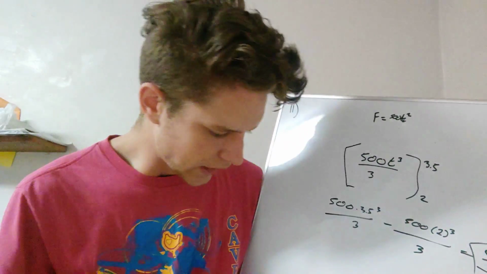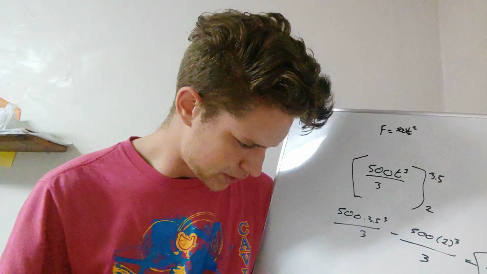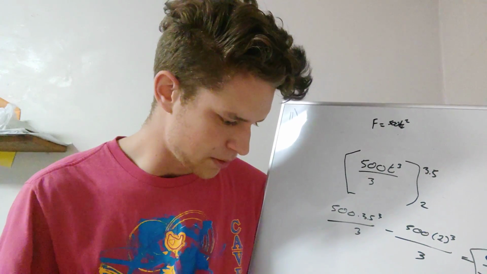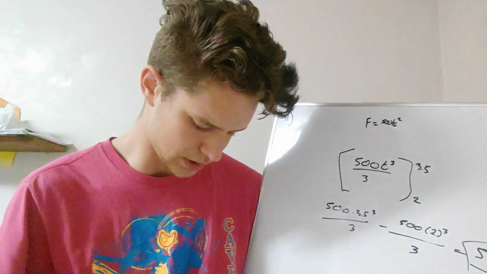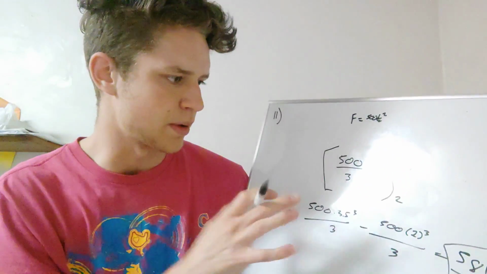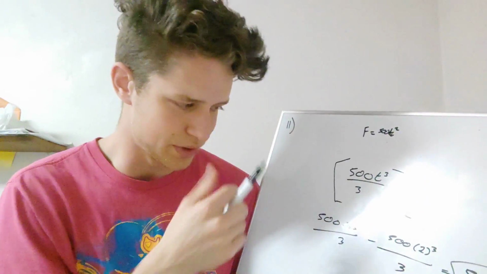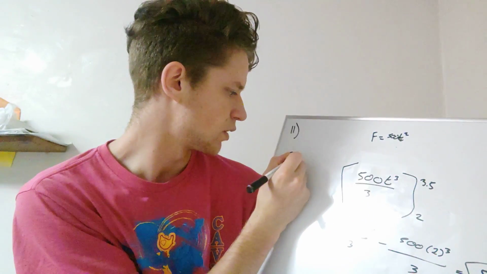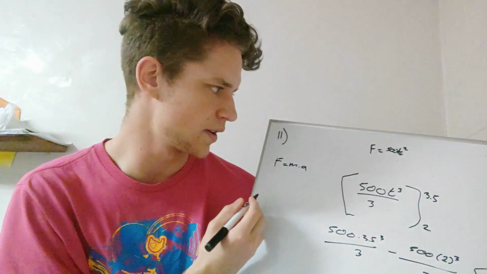And then it goes on and has a part C, and it asks how much does the velocity change over this interval. So the way I did this was actually pretty simple. I'm going to leave all this up here because we're going to end up using most of this. Force equals mass times acceleration, right?